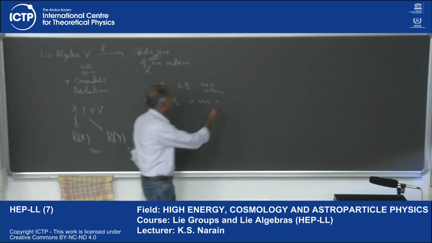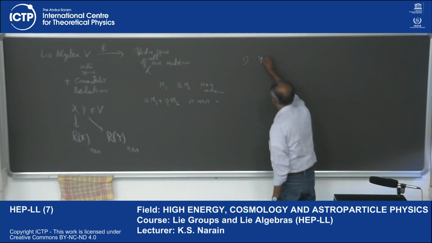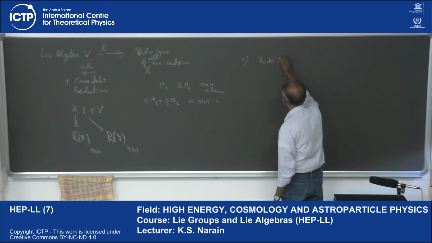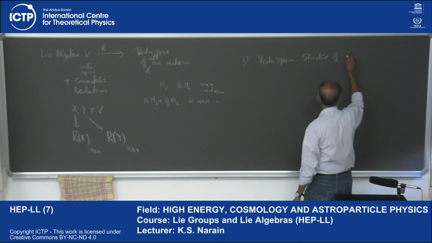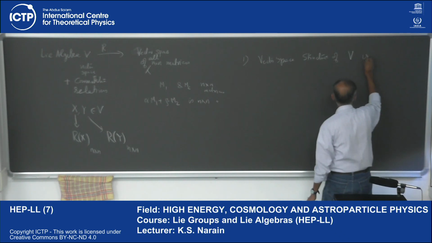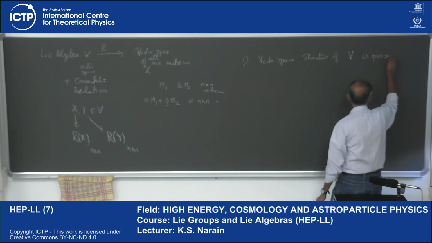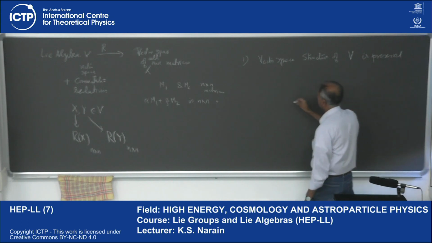So the two conditions: first, the vector space structure of the Lie algebra V is preserved. So what does it mean?